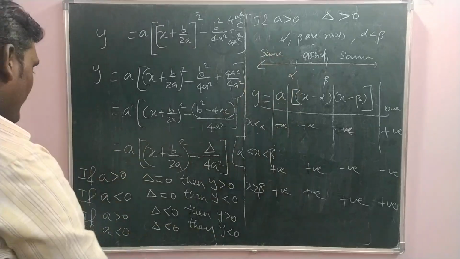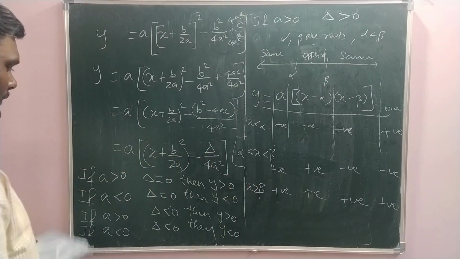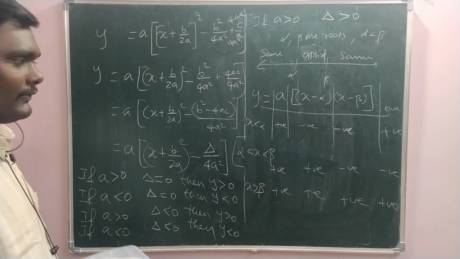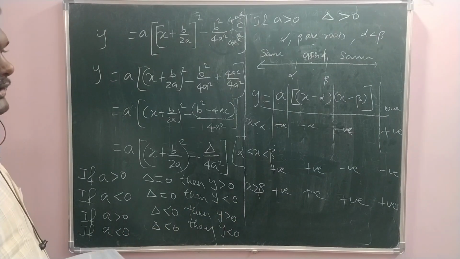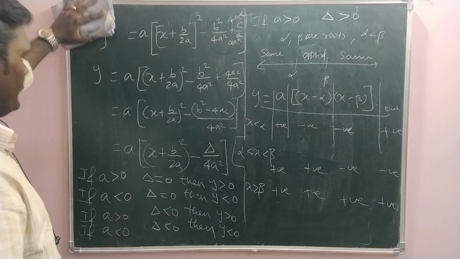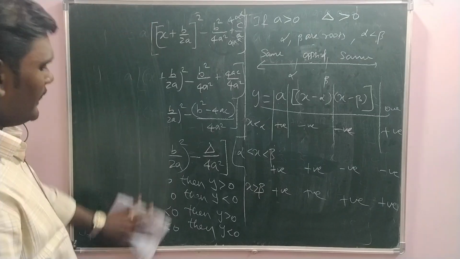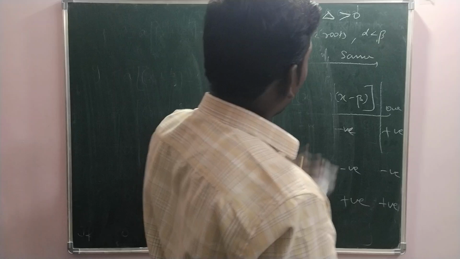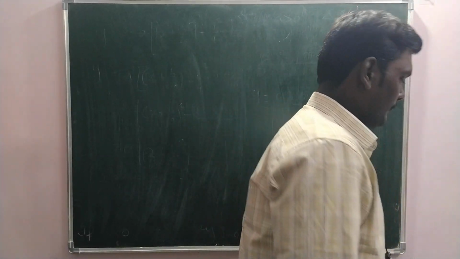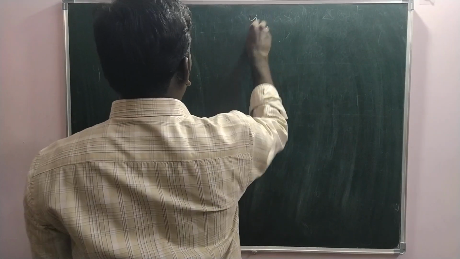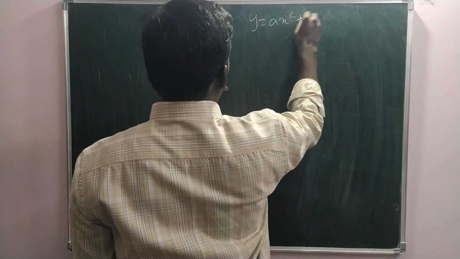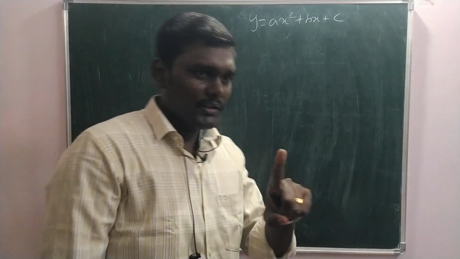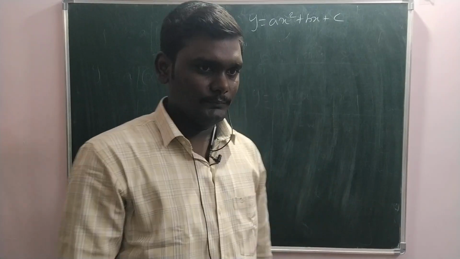When you memorize these as formulas or whatever you call them, 1, 2, 3, 4, 5, 6 results, all of them are different things that will happen. So simply, how we can understand this is, whenever a quadratic expression is given, that is, y is equal to ax square plus bx plus c, first you have to check the del value.